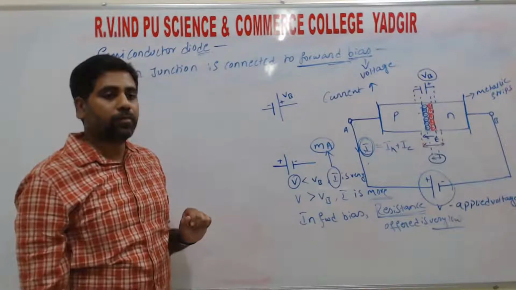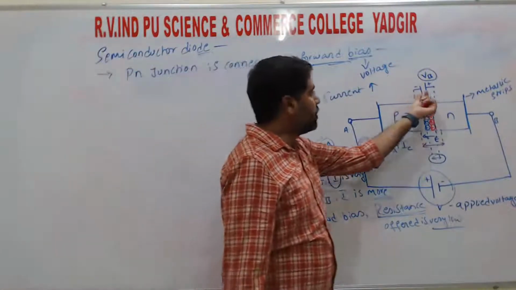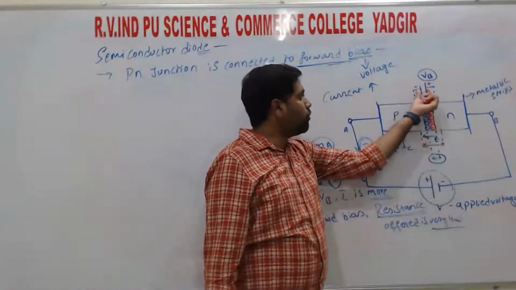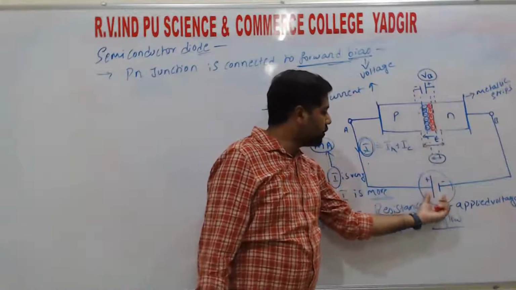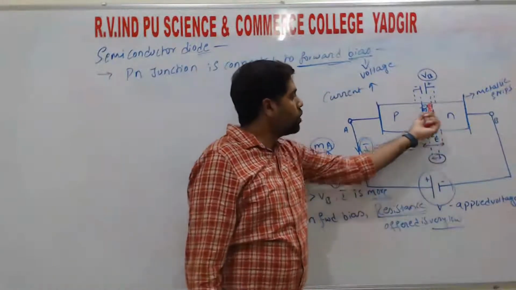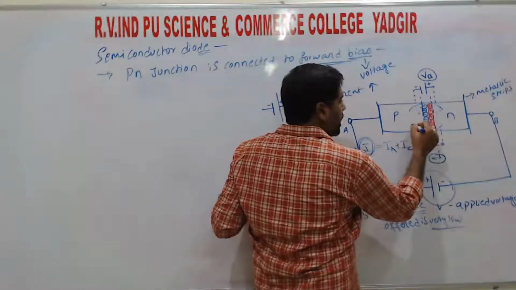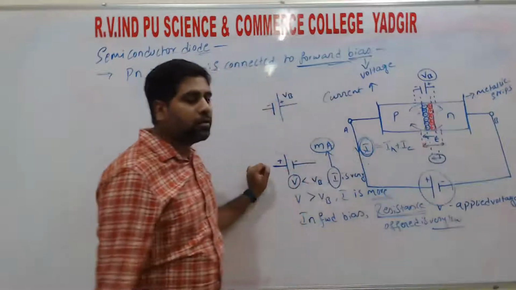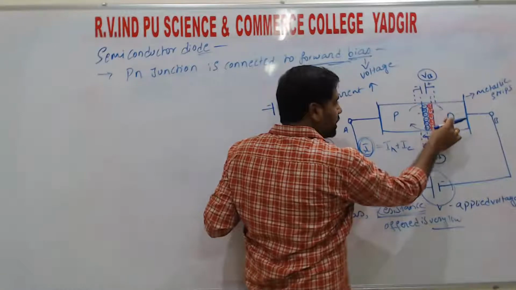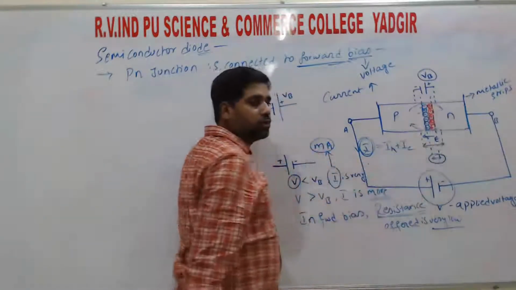So this is what happens when the PN junction is connected with forward bias, right? In forward bias, the potential barrier is opposite to the applied voltage, so the depletion layer goes on decreasing and more charge carriers are diffused from P to N and from N to P, right? As this barrier is very small, the electrons and holes easily diffuse, right?